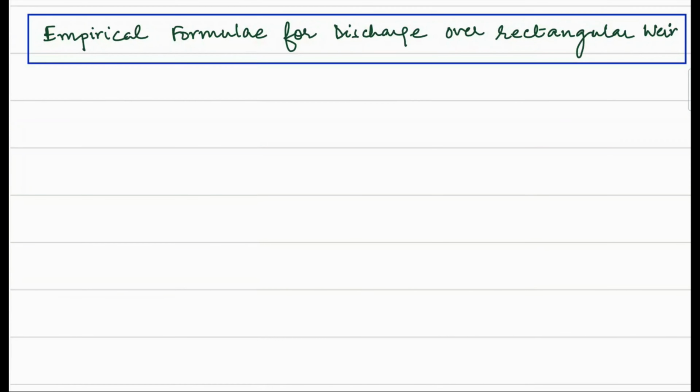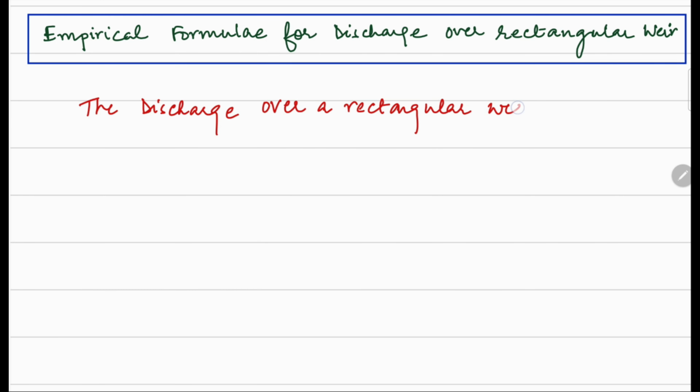We have already discussed that the discharge over a rectangular weir can be given by the formula which is given below, which says that Q is equal to 2/3 Cd √(2g) L H^(3/2).